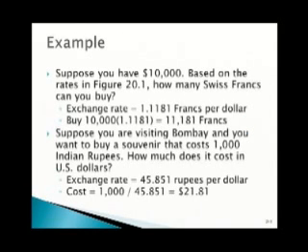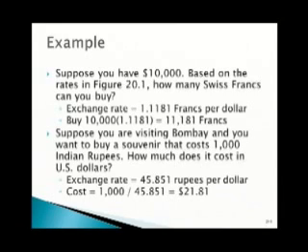Suppose, for example, that you have $10,000, and based on the rates in figure 20.1, and that figure may change, how many Swiss francs can you buy? Well, if the exchange rate is 1.1181 francs per dollar, then $10,000 will buy you 11,181 francs.